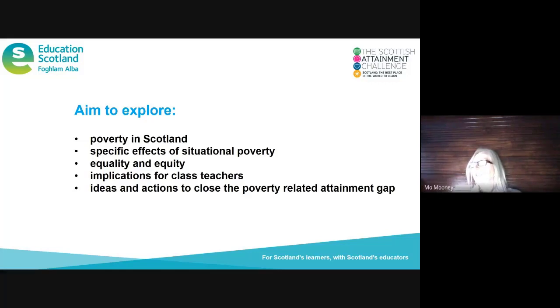Now, the statistics that I've got in here aren't the up-to-date ones, because this has just come out. But there's an SIMD 2020 introductory booklet as well, and there's supporting materials. And if you go on to the Statistics Scotland website, you can access that if you want to get real up-to-date information there. So next slide, please.